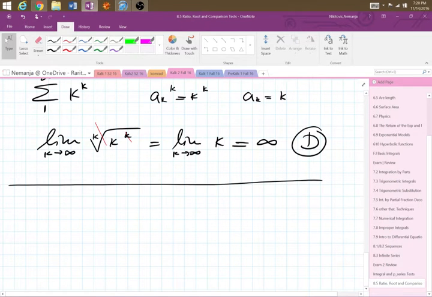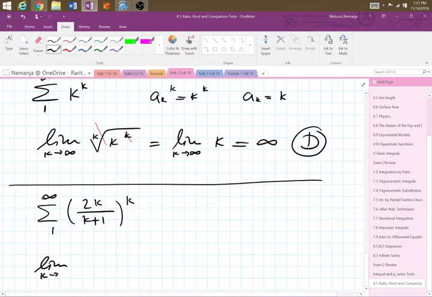So this one should be obvious. Summation of 2k over k plus 1 raised to the k, from 1 to infinity. So what should I write?